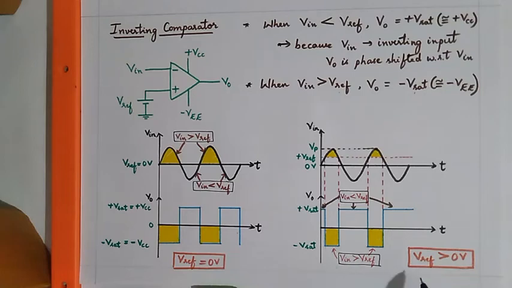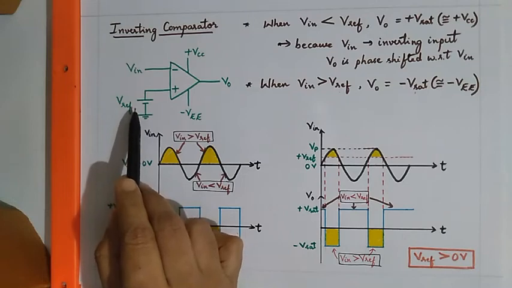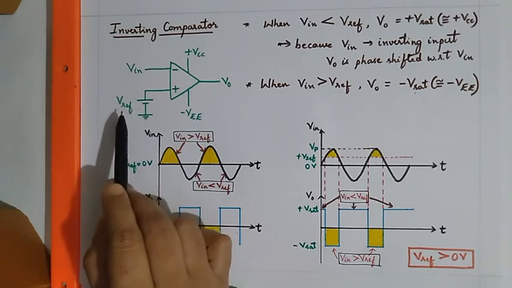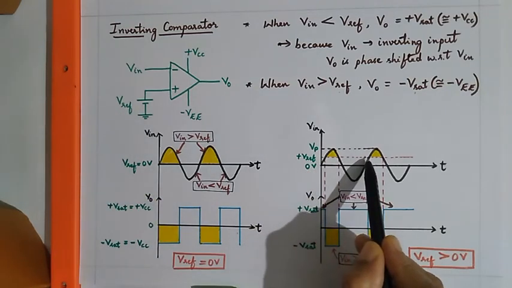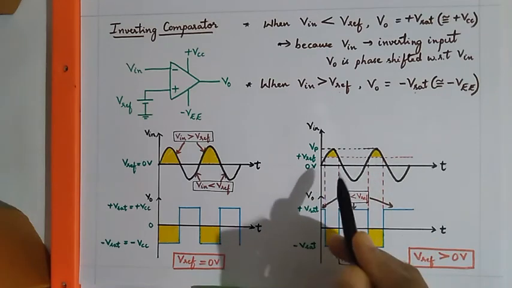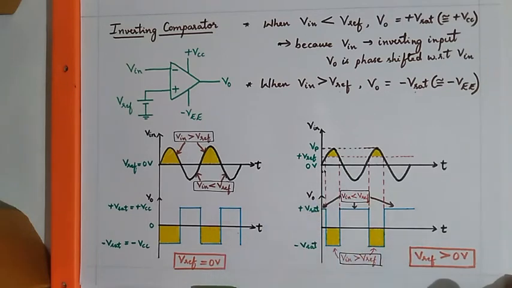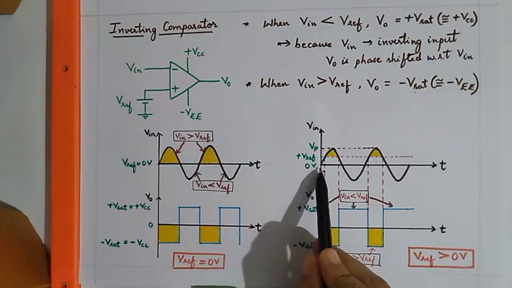Now we'll see if a positive reference voltage is applied, that is, when the reference voltage is greater than 0 volt. This level represents the plus V reference voltage. For this particular range of time, we note that the input voltage is less than V reference.